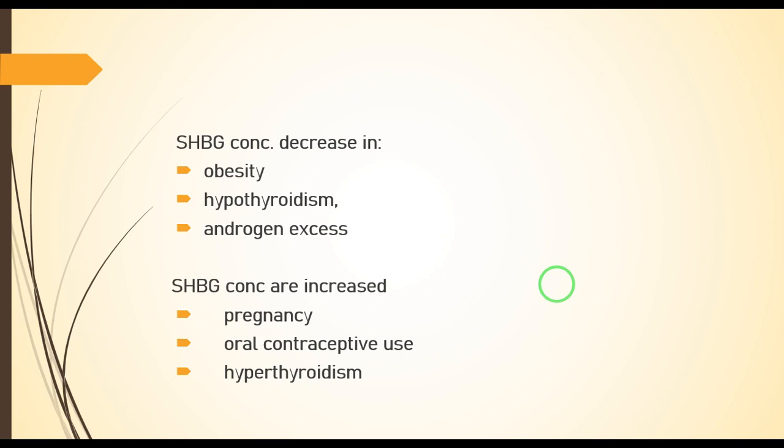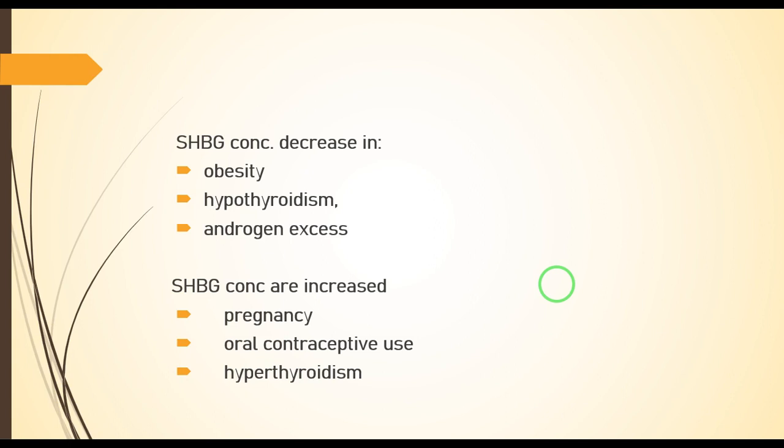Hyperthyroidism is also characterized by a high concentration of the sex hormone binding globulin. While other conditions, for example obesity, hypothyroidism, and androgen excess, are characterized by a low level of sex hormone binding globulin.